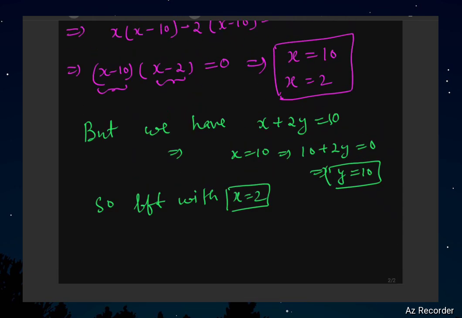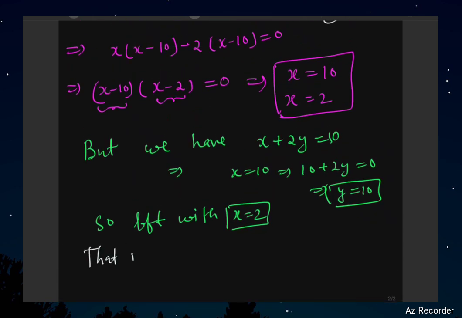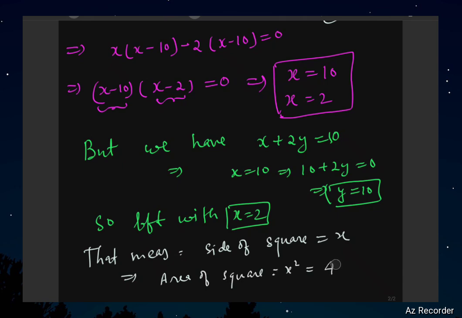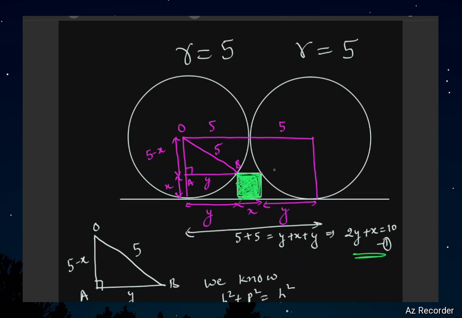That means the side of the square is x, which implies the area of the square is x square, which means 2 square, which is 4 square units. This is the area of the square. So we can write it here, 4.